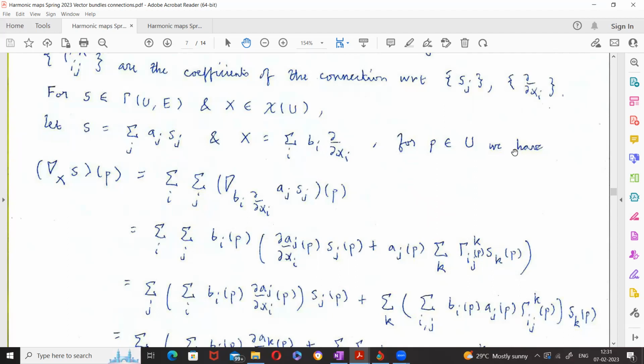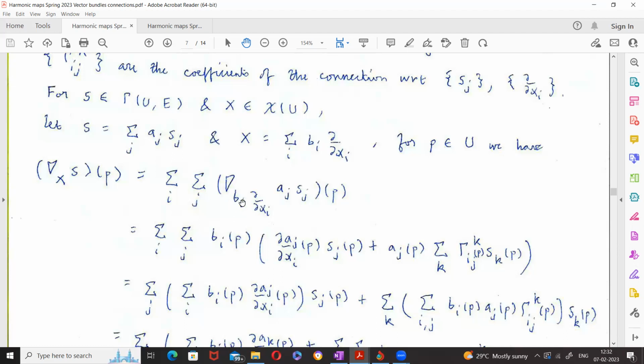Then for any point P in U, we can compute nabla X S at P. Then by linearity of the connection, this is going to become a sum over ij, nabla sub Bi del xi applied to Aj, Sj at P. And now I use that the connection is C infinity M linear in the first variable.